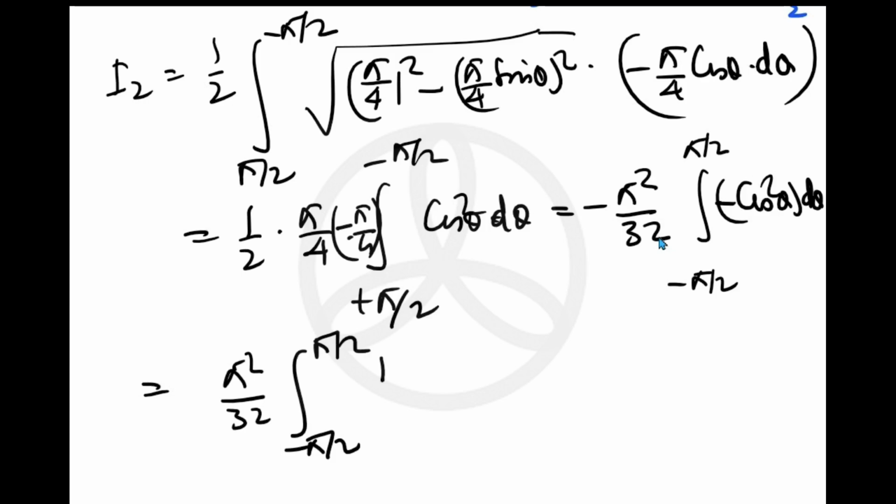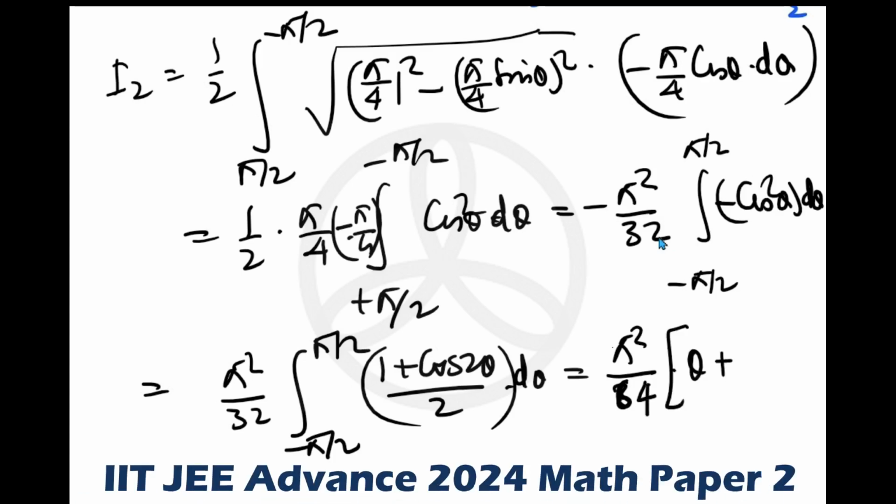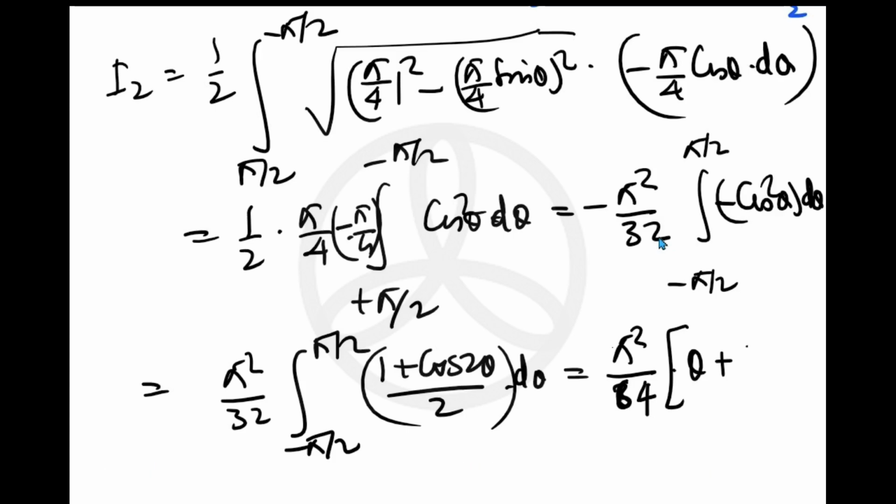cos square theta can be written as (1 plus cos 2 theta) divided by 2 d theta, and the integration will become, this 2 I take it outside, pi square by 64 times the integral from minus pi by 2 to pi by 2.